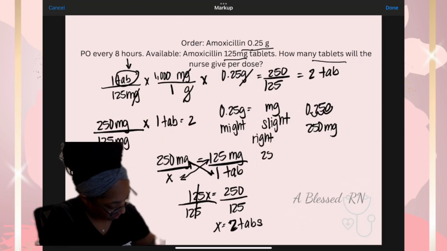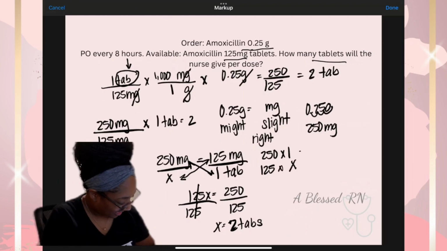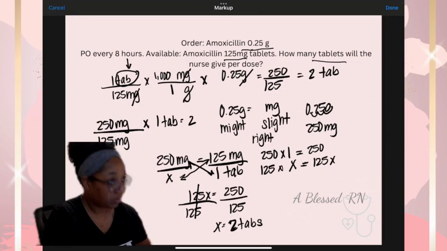So it'll be 250 times 1 and then 125 times x. That's going to be 250 and this is going to be 125x. This is just some algebra.